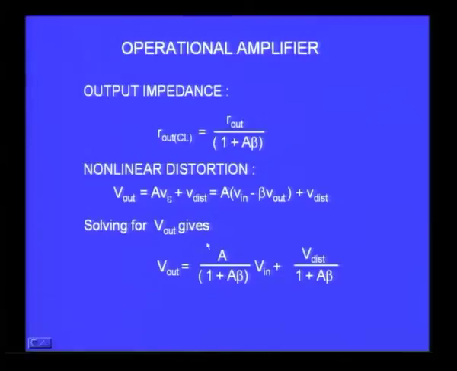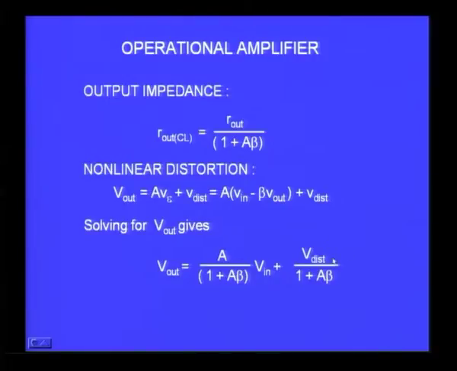If I give feedback, that part of the distortion also will be fed back and reduced in effect, and therefore the output voltage will be A by 1 plus A beta times V in, which is due to the gain factor AF, plus V distortion divided by 1 plus A beta.